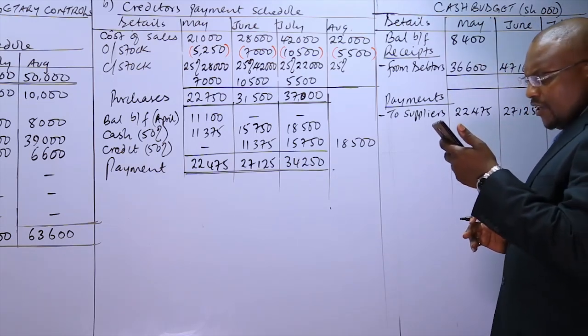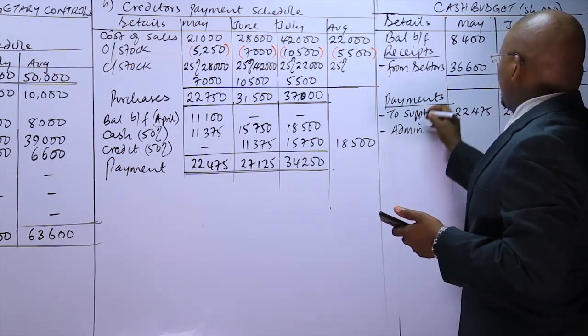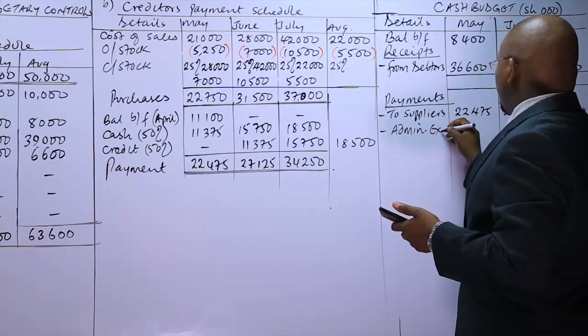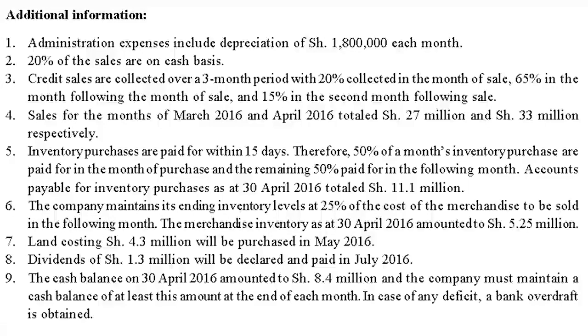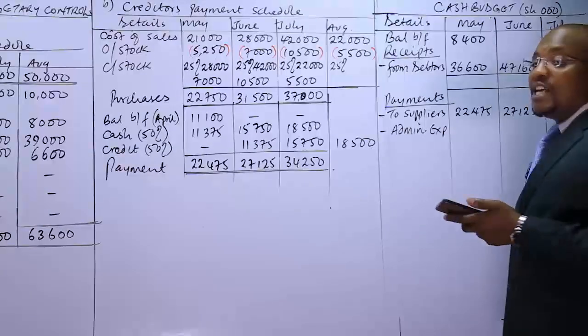Looking at administration expenses. We have been told in information number 1 that administration expenses include depreciation of 1,800, 1.8 million. Now remember that this shows that depreciation does not involve cash outflow or inflow. So because of that, we are going to exempt it.